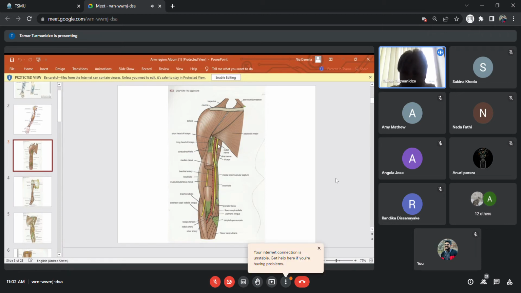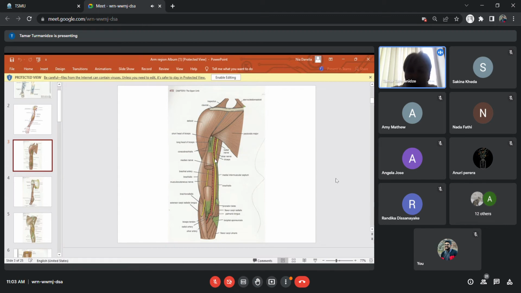From the shoulder, when it descends on the arm, it passes in the anterior compartment of the arm region, and in the superior third part of the arm, the ulnar nerve is located medially to the brachial artery. But in the middle third part of the arm region, it pierces the medial intermuscular septa and enters the posterior compartment of the arm and lies medially to the triceps muscle.